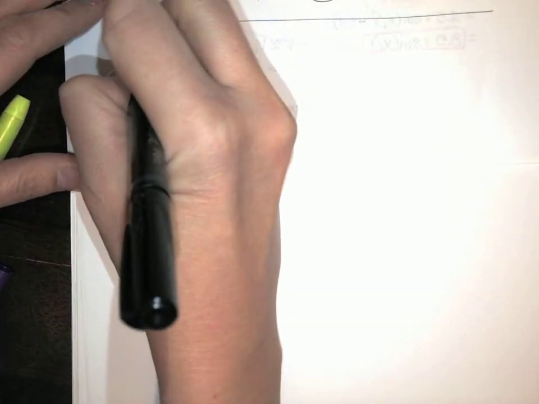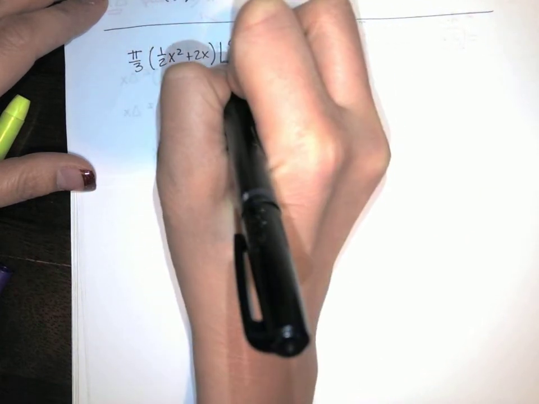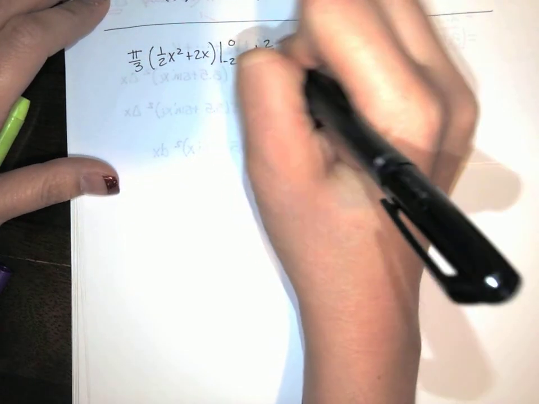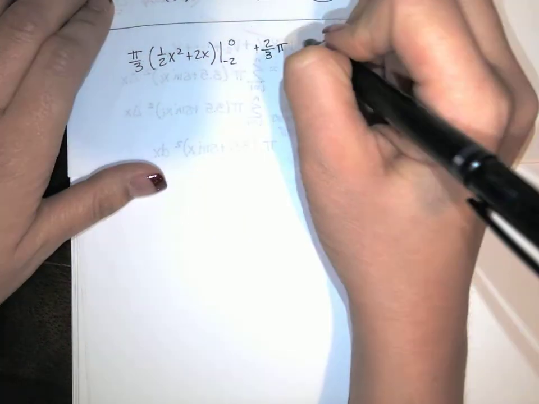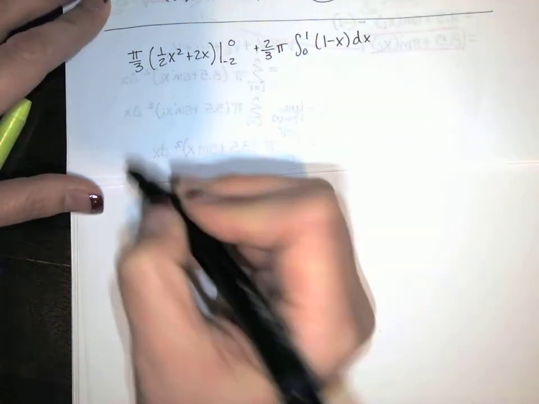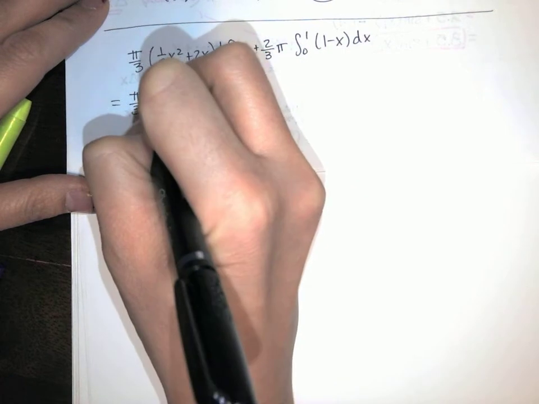Alright, so I've got pi over 3 times 1/2 x squared plus 2x, evaluated from -2 to 0. And then we've got 2/3 of pi times the integral from 0 to 1 of 1 minus x dx. This, if I plug in 0 for x, I get 0.